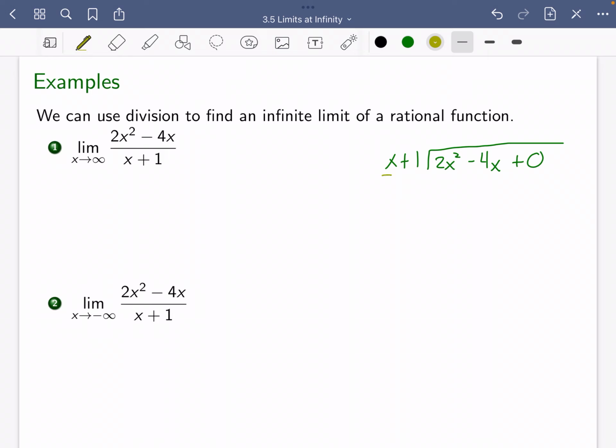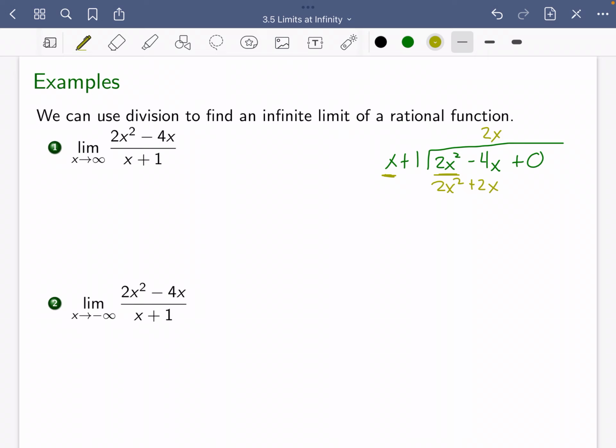We ask ourselves, what do I need to multiply x by in order to get 2x squared? We have to multiply that by 2x, and then we do that multiplication. 2x times x gives us 2x squared. 2x times 1 gives us 2x.